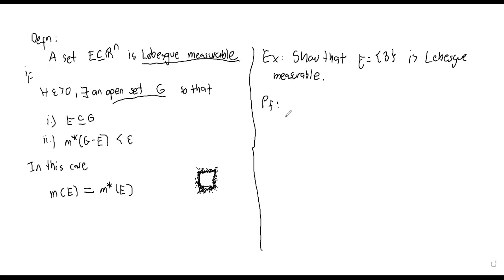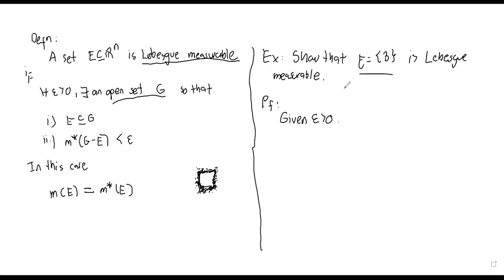So magbigay muna tayo ng epsilon. So given positive epsilon. So dito, ang isa sa mga task na dapat natin gawin, yung mag-iisip tayo ng open set. Okay? Dapat yung open set, laman niya si E. Laman niya yung 3.